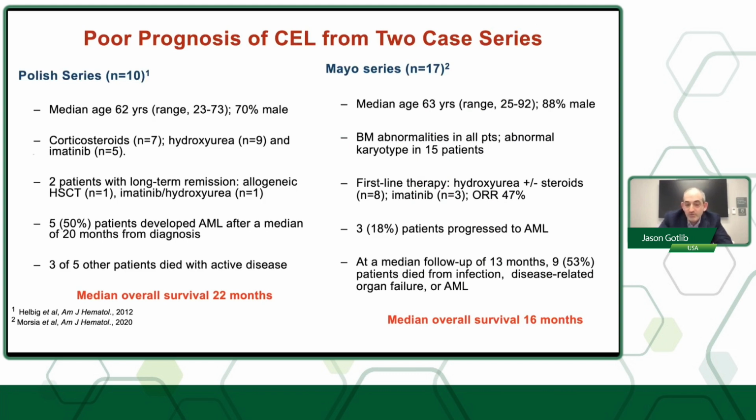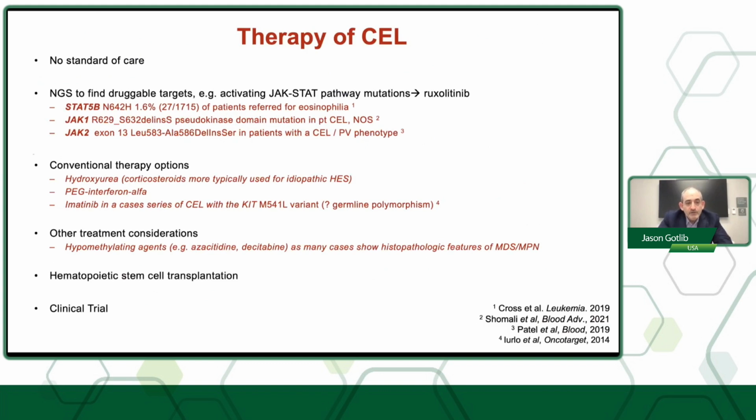I would say also that hypomethylating agents such as azacitidine or decitabine may be used because some of these patients have dysplastic morphology of the bone marrow, so one may co-opt HMA therapy for CEL because of the overlap with MDS. So again, if one can find a target, one could consider, for example, a JAK inhibitor.